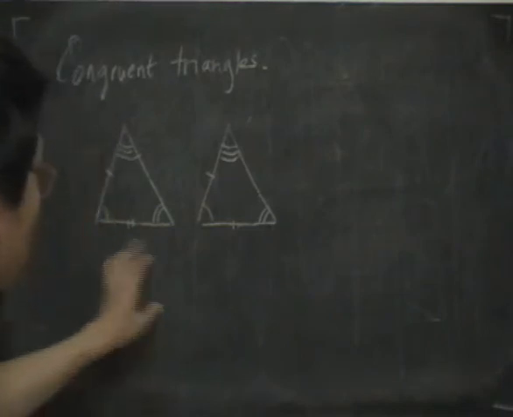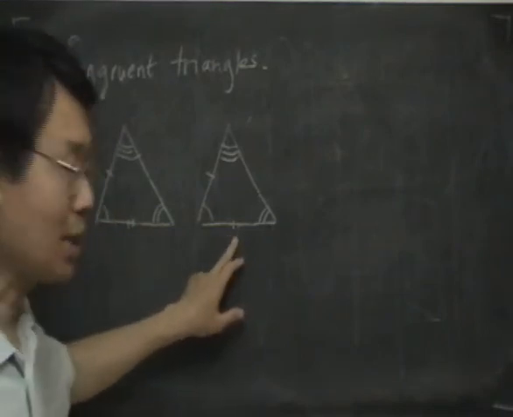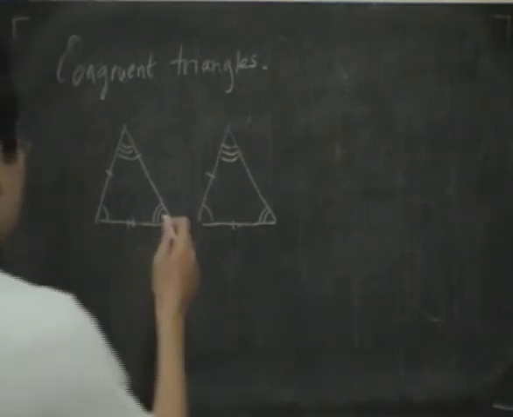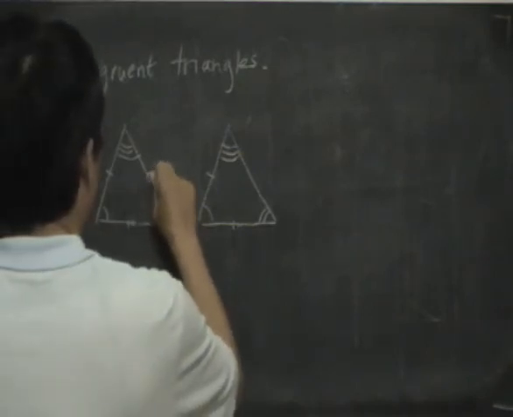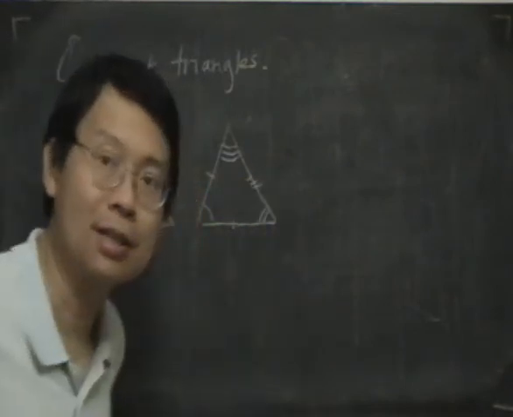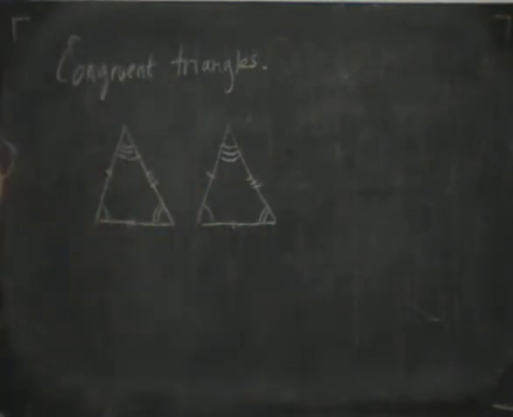So that means that these 2 sides are equal, but that this side can be different from that side. And in the same way, for the remaining sides, I can use 3 little strokes. Alright, so that's how we show that the angles and sides are the same.